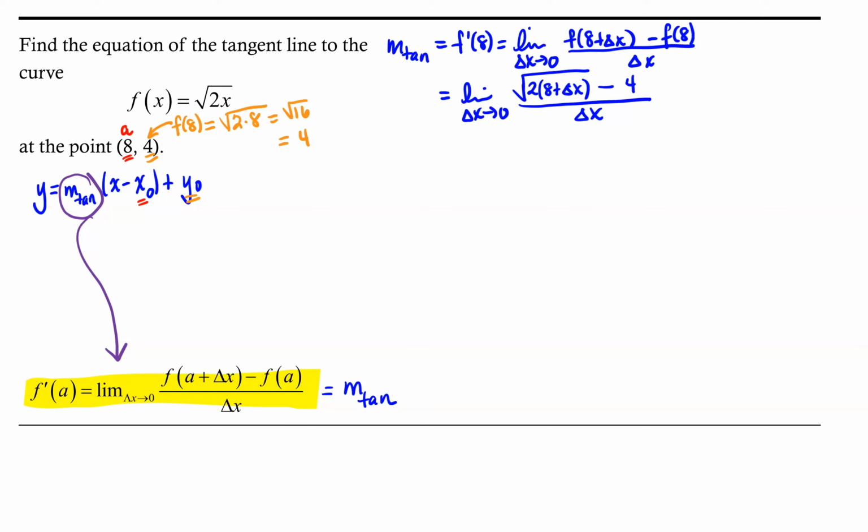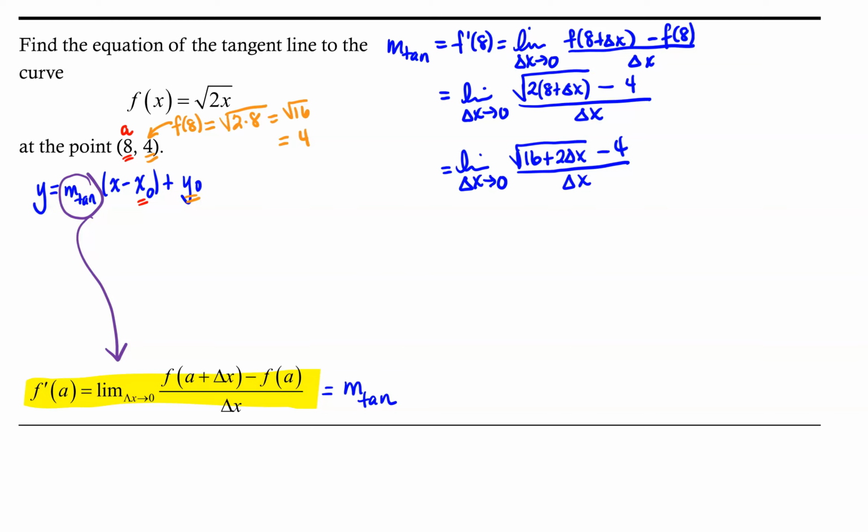Okay, continuing on, we have the limit as delta x approaches 0 of the square root of 16 plus 2 delta x, minus 4, over delta x.